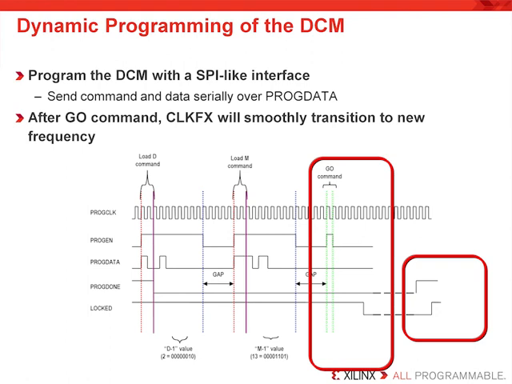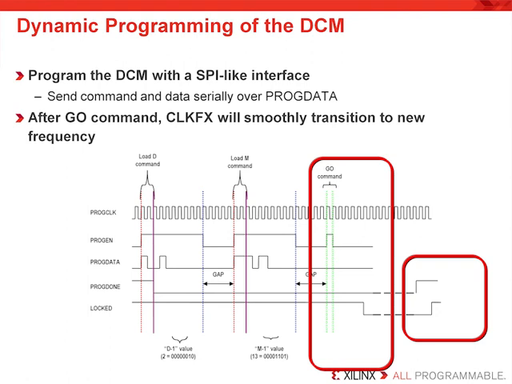From this example, of course, you can see we load in a D value with a fixed gap and an M value with a fixed gap, and then the go command is received, and then so many clock cycles later, we're going to actually see our new clock FX output become activated, and then the lock signal become asserted, being your clue that, okay, we've changed to the new clock frequency that the customer wanted to use in our application. So all you'll need to do is execute this series of 3 commands, a load D, a load M, and then the go. And this, as I mentioned, typical of a SPI interface transaction, is easy to adopt.